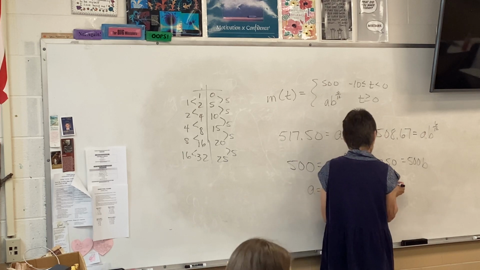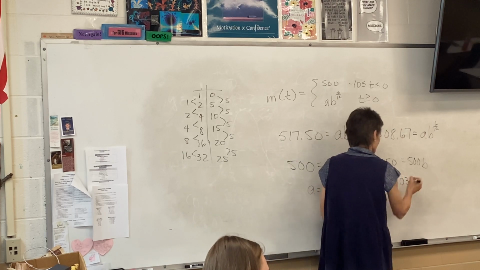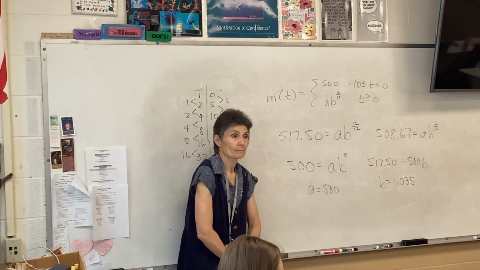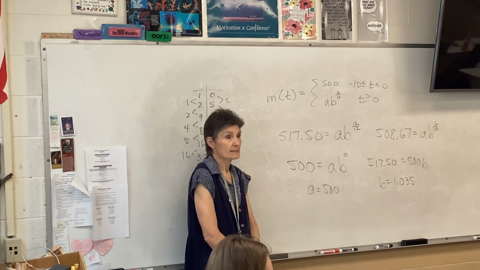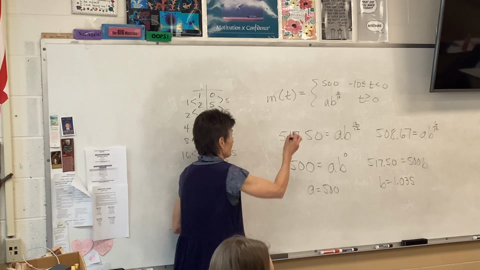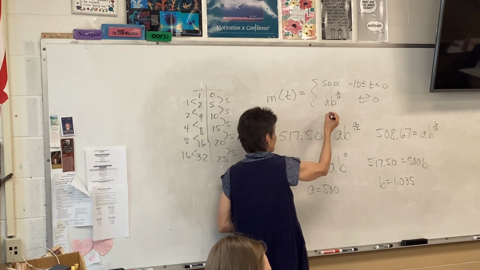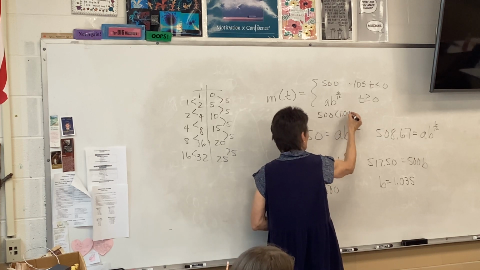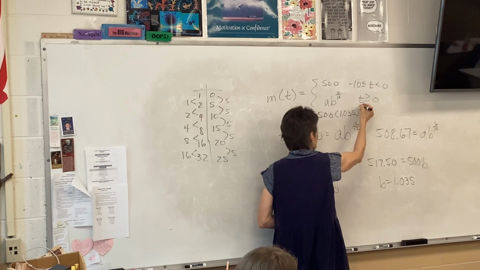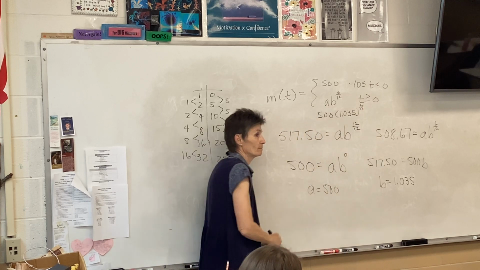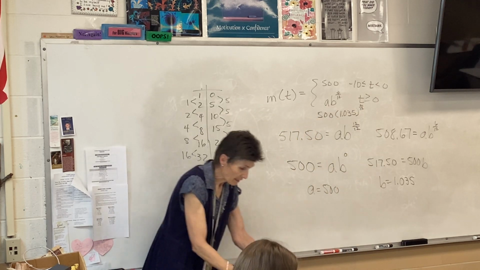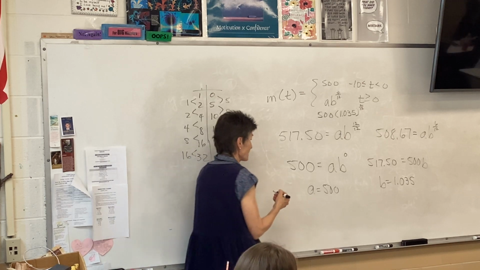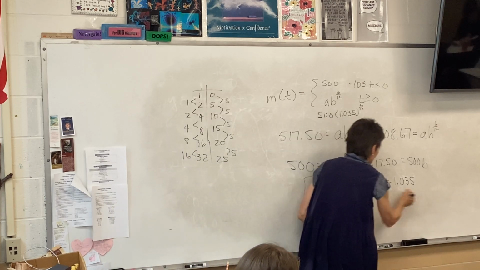I got B to be 1.035. Does that seem okay? So what's this equation then? This would be 500 times 1.035 to the T/12. Is that what we're supposed to be doing? Find the values of A and B as decimal approximations. So here's A and B.